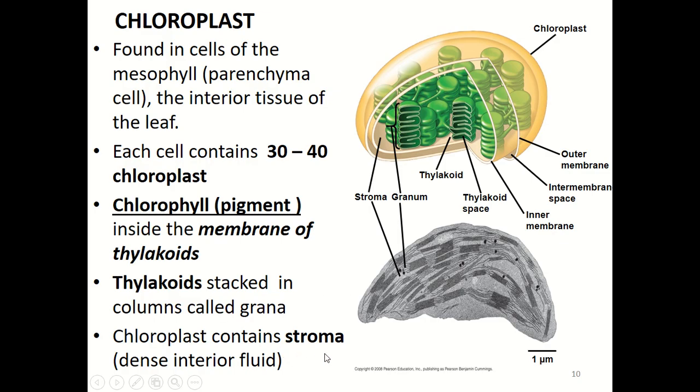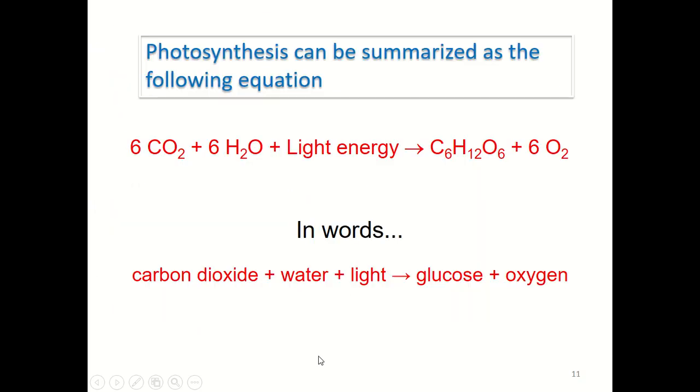So the photosynthesis process can be summarized as the following equation: 6 molecules of carbon dioxide plus 6 molecules of water plus light energy form carbohydrate molecules and also oxygen.